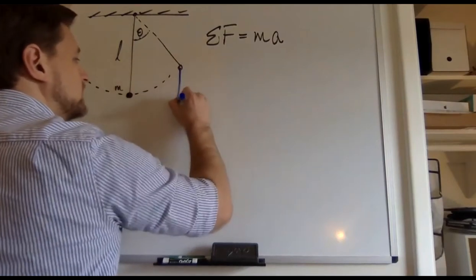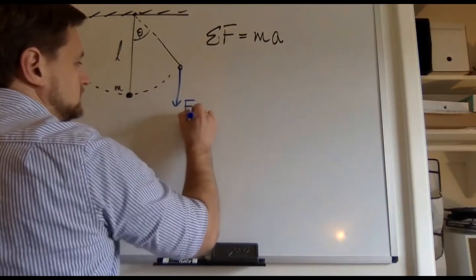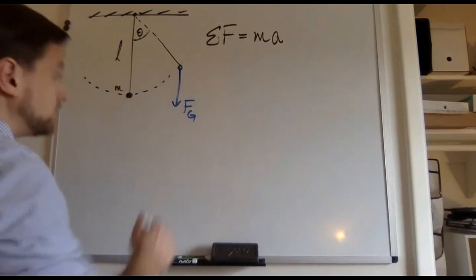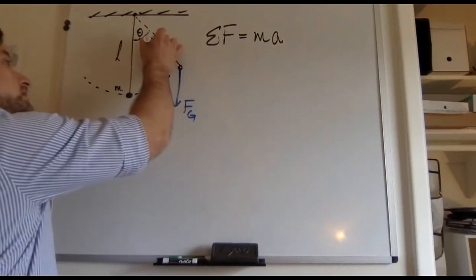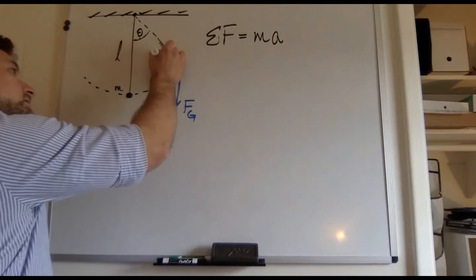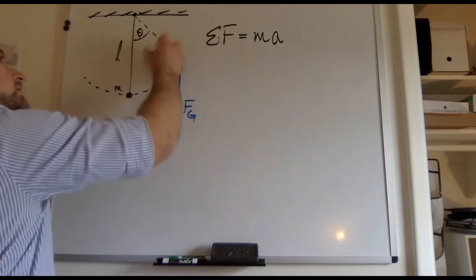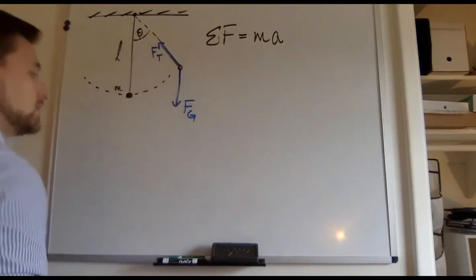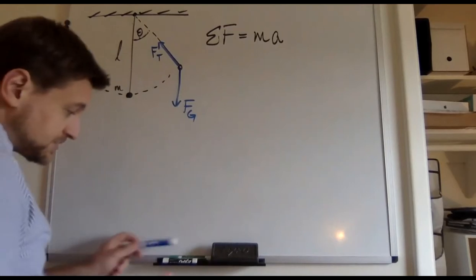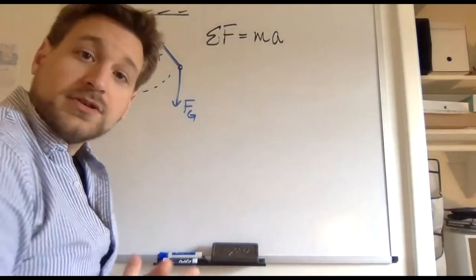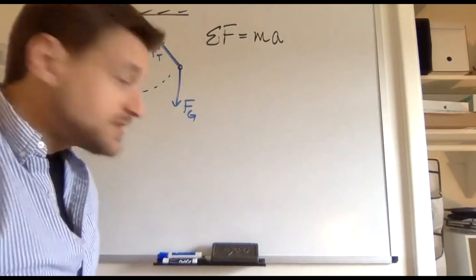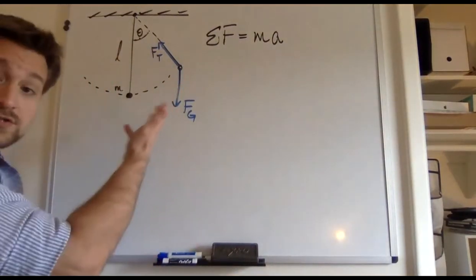We know that there is gravity, and we know that there is a force along the string, tension. Let's assume that we're doing this in a vacuum, so we don't have to worry about the air resistance, and that's the whole story.